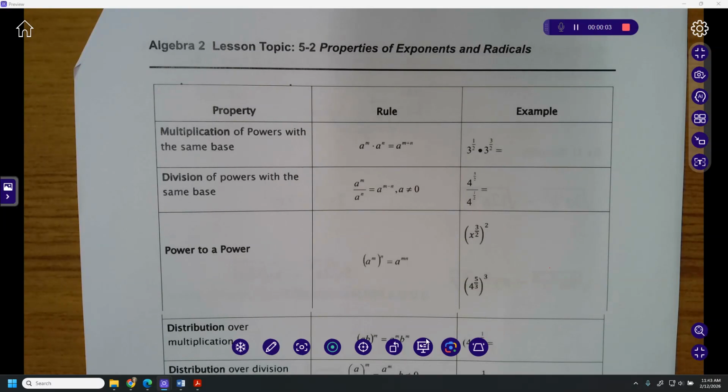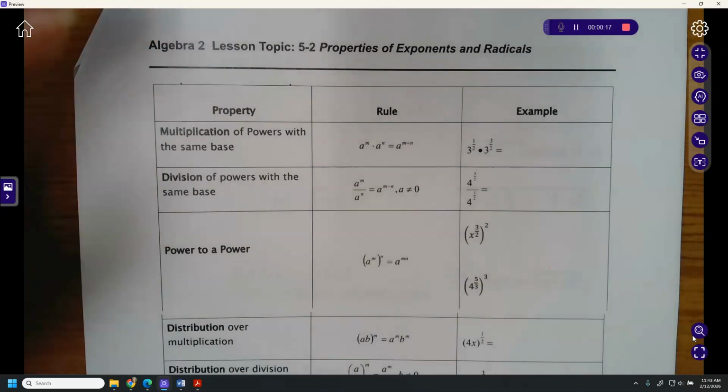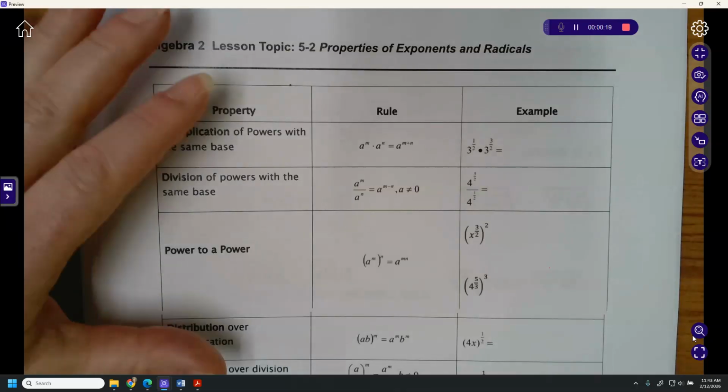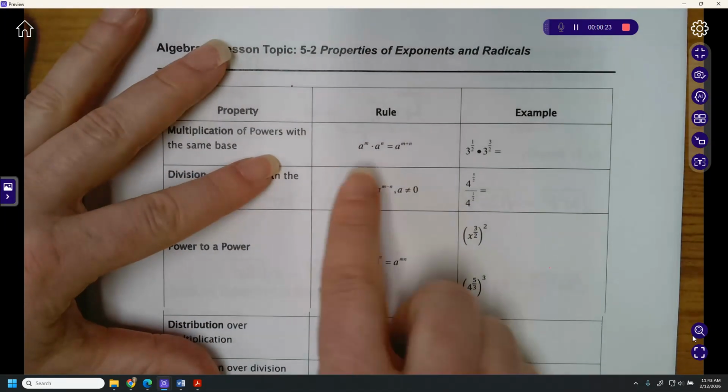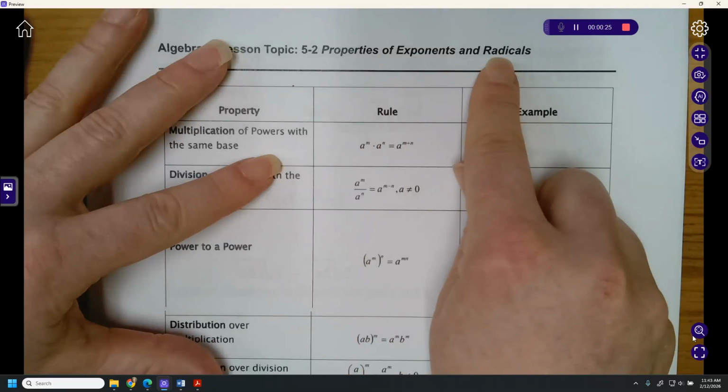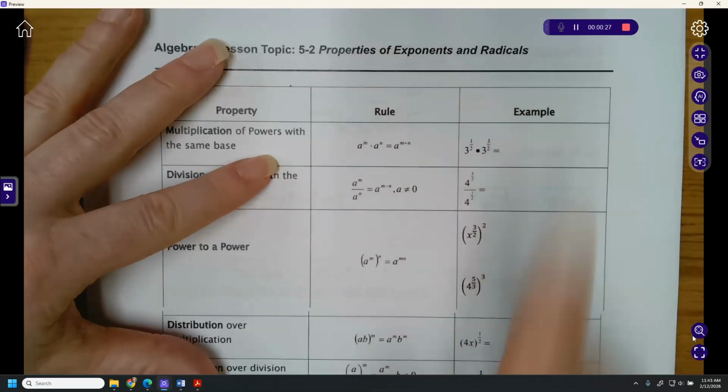All right, so we're back today with our properties of exponents and radicals. These are the same properties that we've been using for exponents for quite some time that you learned before, but now I just want to give us some specific examples where we're dealing with exponents that are fractions which transpose to radicals.